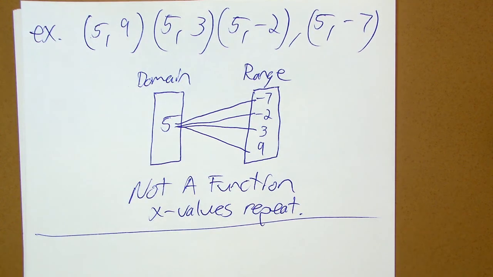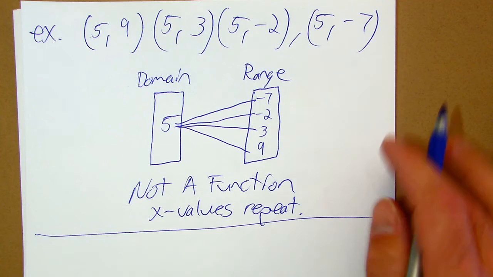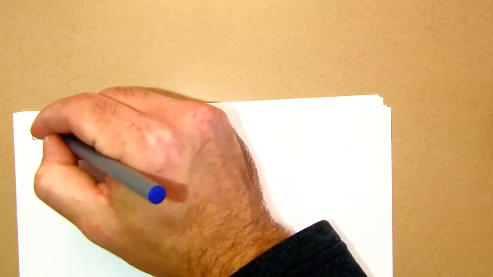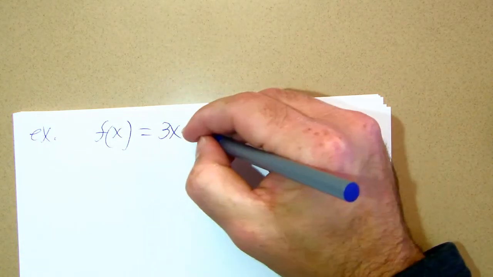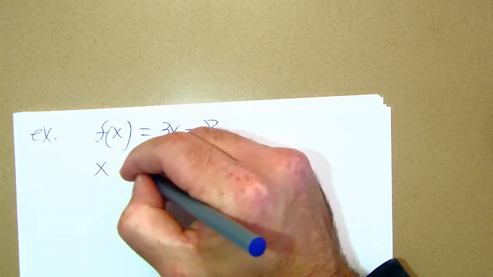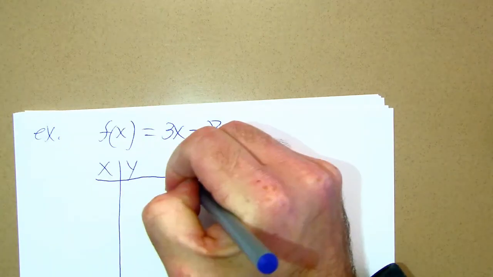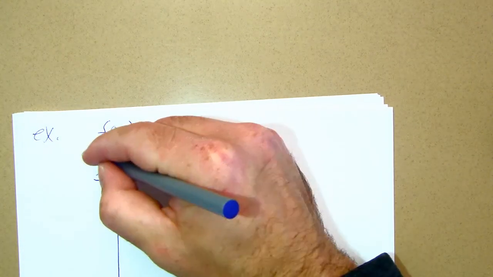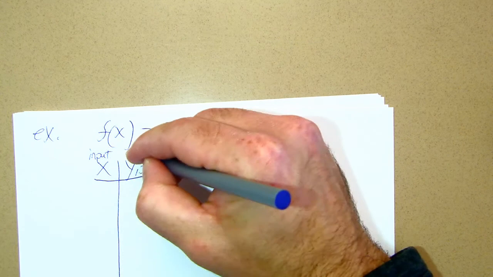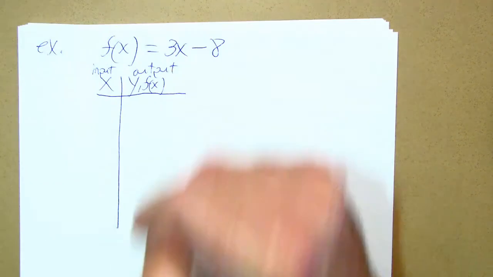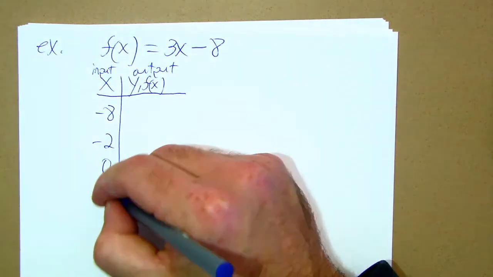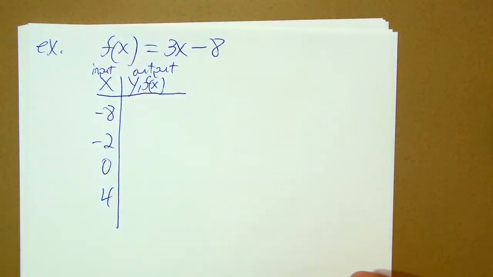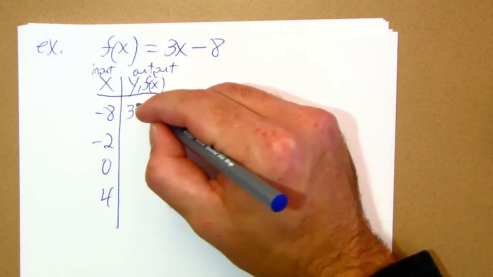All right, so last up, if you're asked to evaluate a function, you're just substituting -8 in for x here.